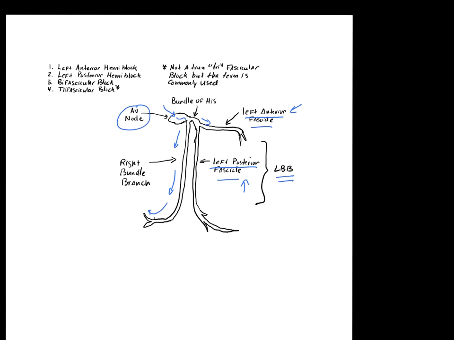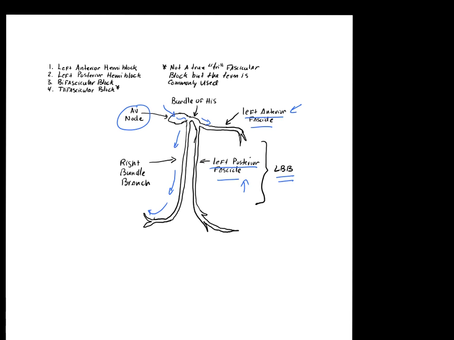Okay. And again, because you have so much more tissue in the left ventricle, that's why you have this bifurcation, these different fascicles. So you could imagine that I could have damage to one or more areas of these pathways, and that would block conduction through those areas of the heart. And so that sets us up for mainly 4 different types of fascicular blocks that can occur.